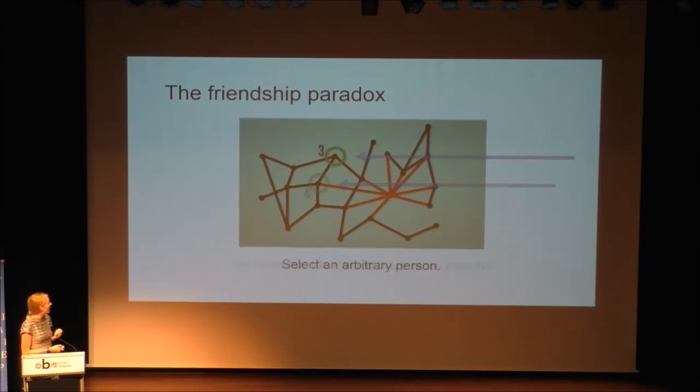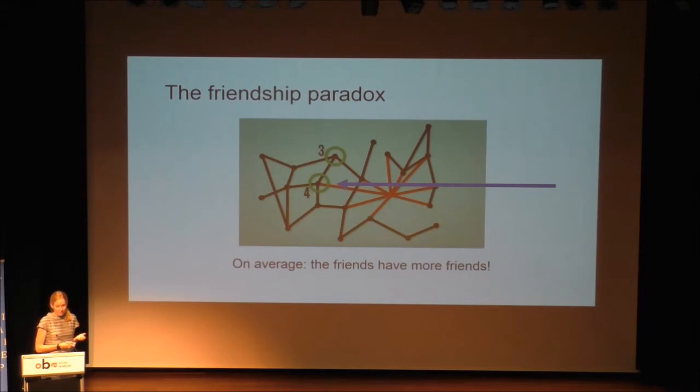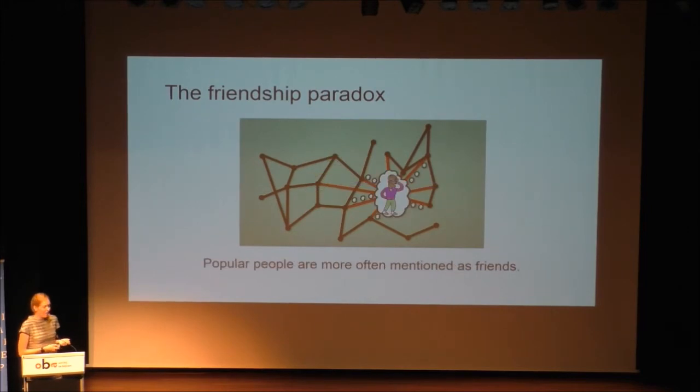If we select an arbitrary person and count the number of contacts they have, in this case 3, and then we select one of their contacts and count their friends, then on average this number will be higher. At first this sounds paradoxical, but if we think about it a bit better, it's actually not so surprising, because this popular friend will be mentioned by many people as a friend, just because the person is popular.